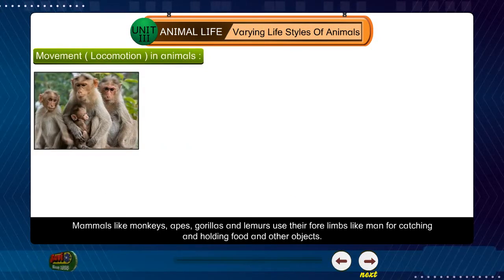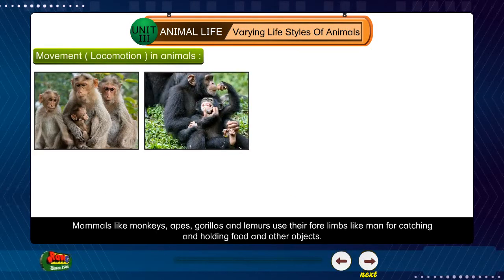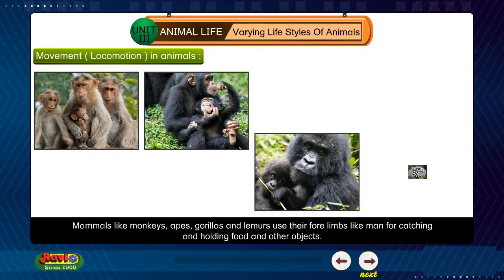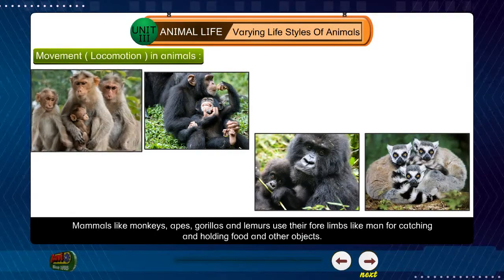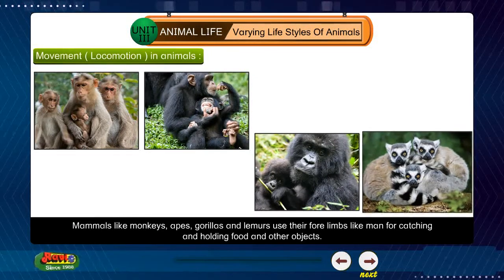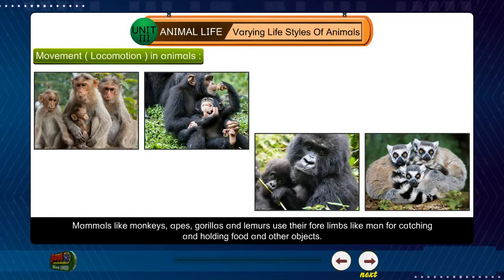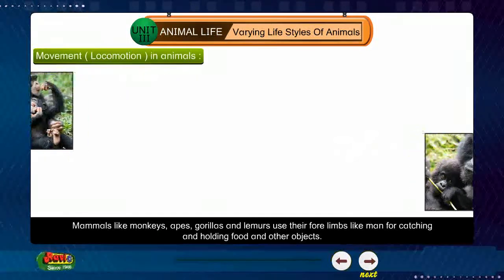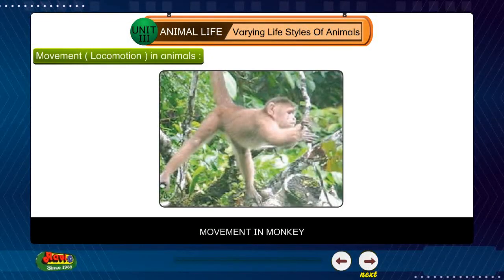Mammals like monkeys, apes, gorillas, and lemurs use their forelimbs like man for catching and holding food and other objects. Movement in monkey.